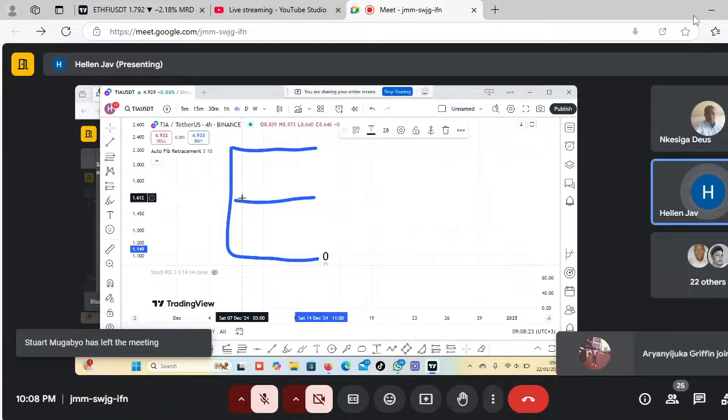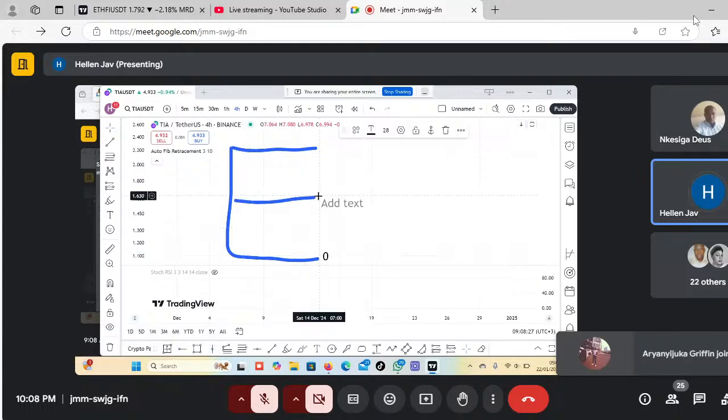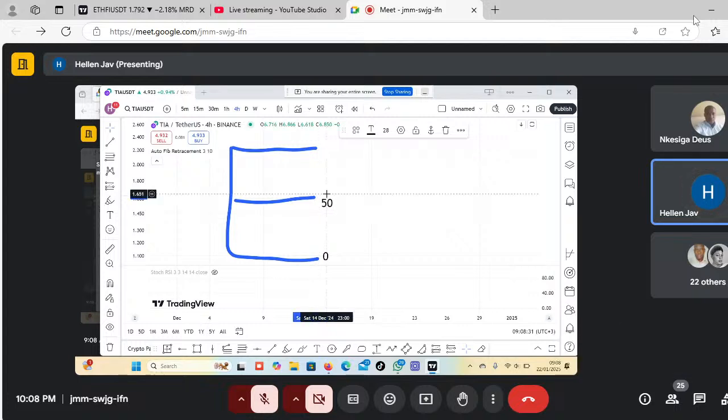In the middle we have that neutral line, which we can call the 50 line, and then finally we can have the 100 line.